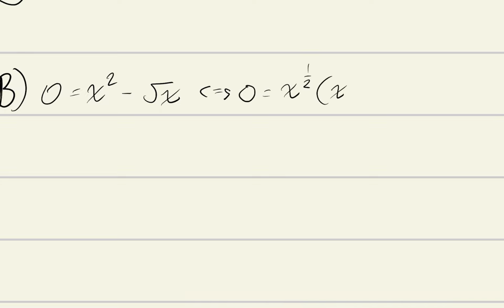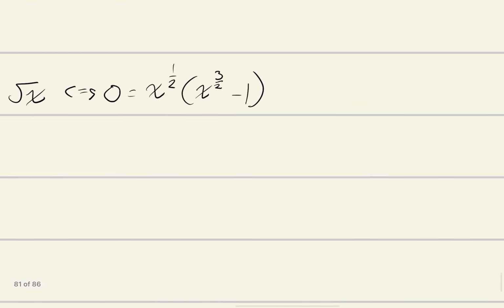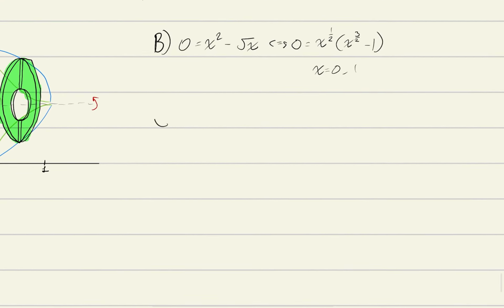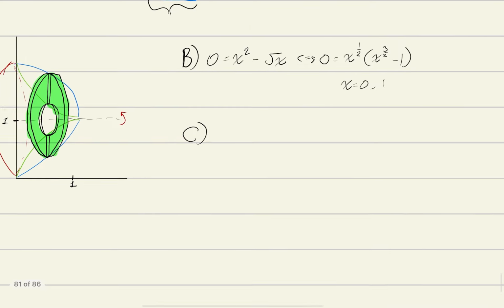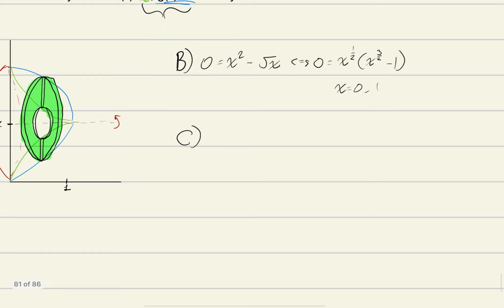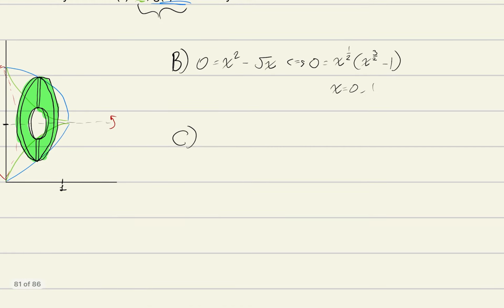And that'll give us an x to the 3/2 minus 1. And this gives us x equals 0 and 1. Next, we will be using the washer method. To do that, we need to find an inner radius and an outer radius. So that would be big R and little r.